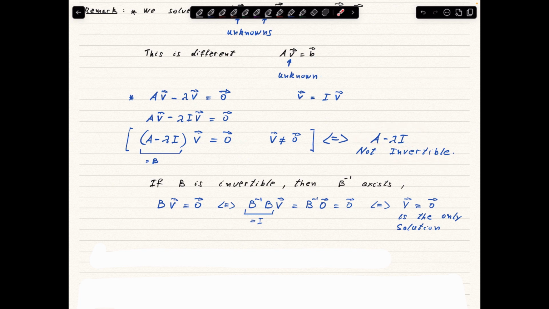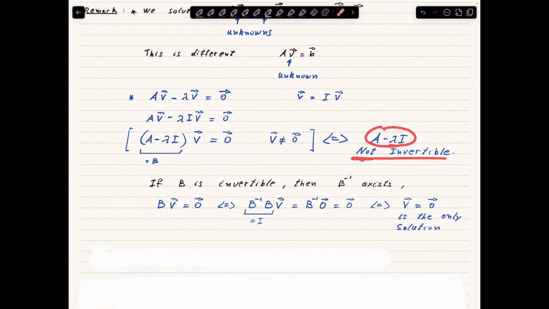Notice that here we have V and lambda, V and lambda, but on this side of the equivalence, we have only lambda. There is no V. So this is a condition only on lambda, that this matrix has to be not invertible.